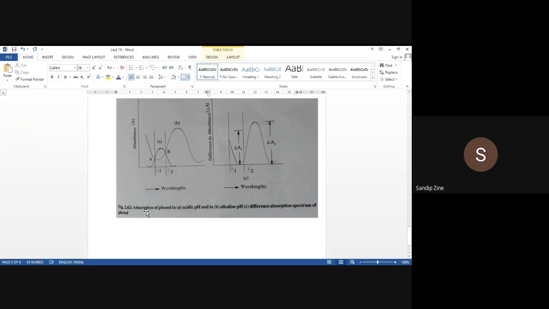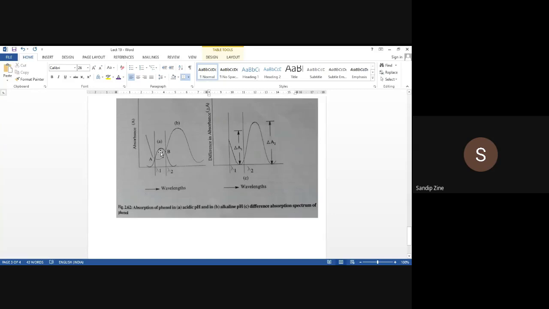For a case study, we are taking the absorption of phenol, C6H5OH. Diagram A is in acidic pH, and B is in alkaline pH.